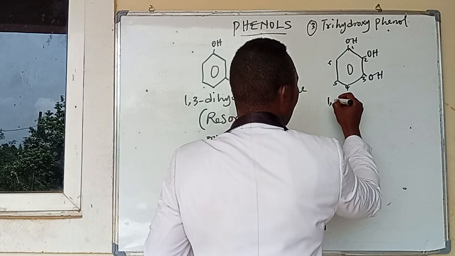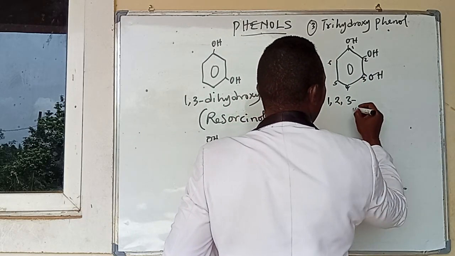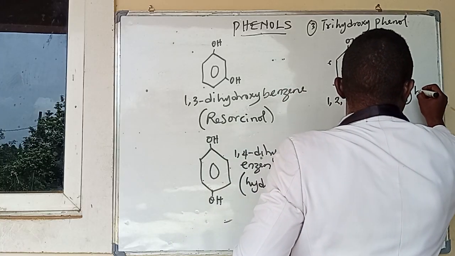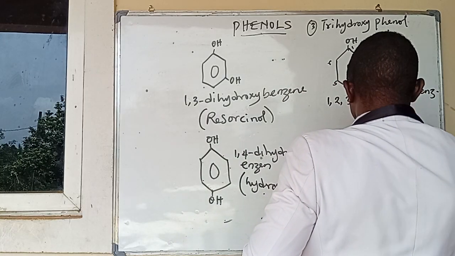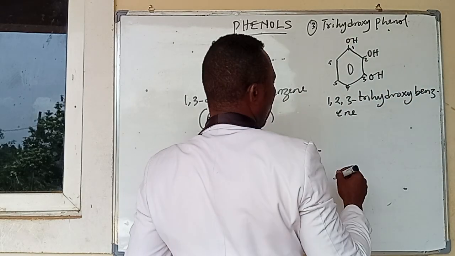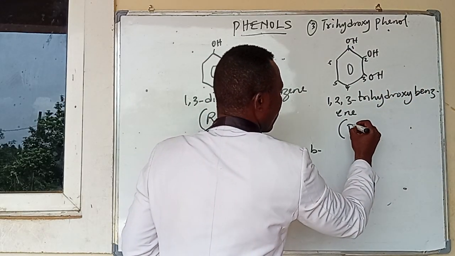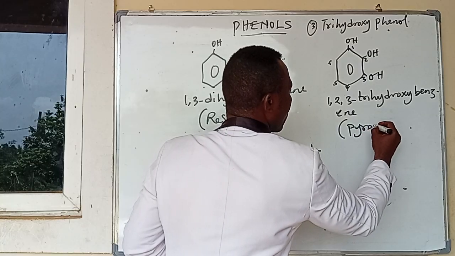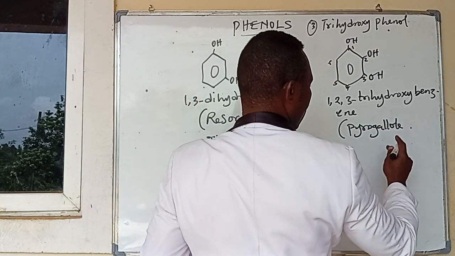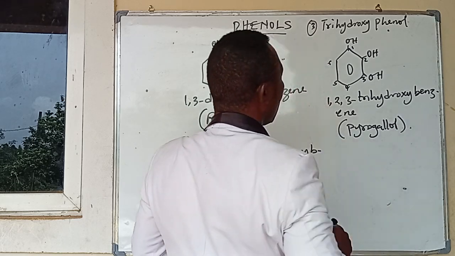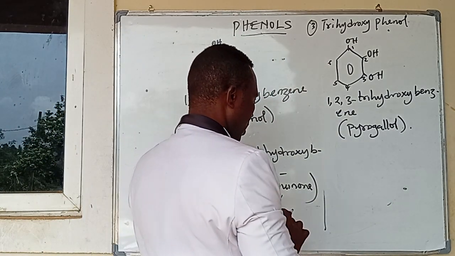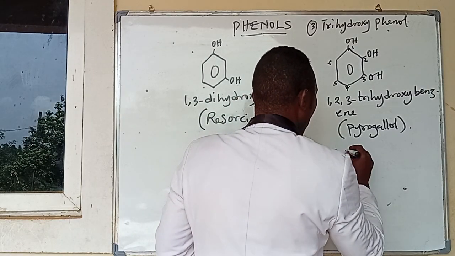So that is 1, 2, 3 trihydroxy benzene. That is called pyrogallol. Pyrogallol is a trihydroxy benzene.